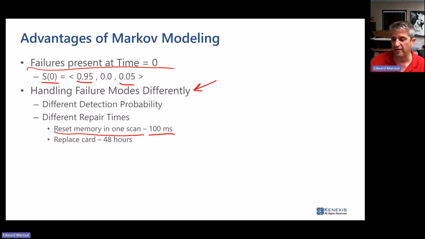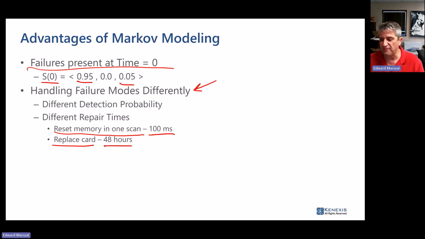Whereas another failure mode, so let's say that a capacitor on the board burned out and gave you an open circuit. That could be a dangerous failure, but that failure might require you to replace the card in the logic solver, and that failure mode might take 48 hours to repair.